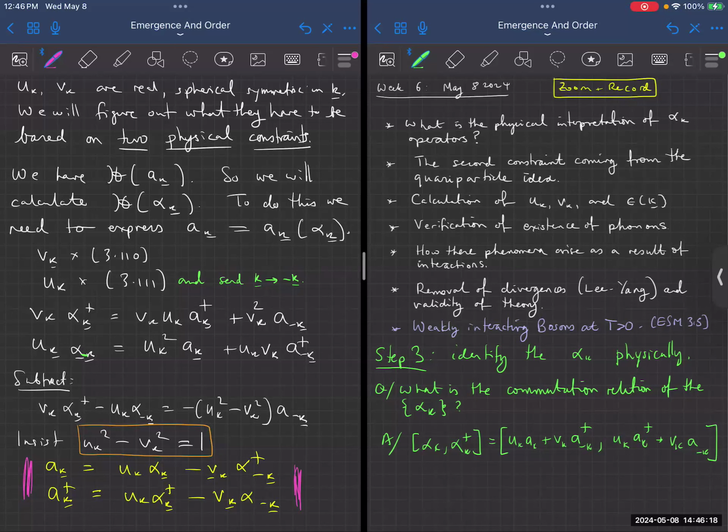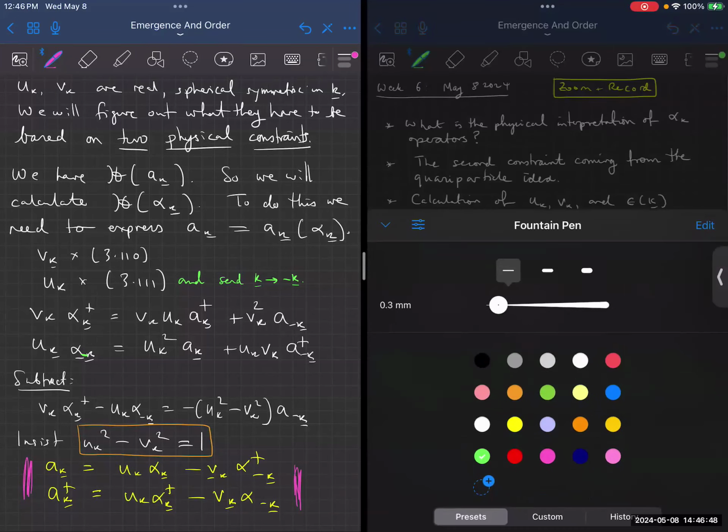And then we know how the a's commute. So this we can write as u_k squared times a_k a_k dagger minus v_k squared a_{-k} dagger a_{-k}. And those are the only terms that arise that are non-zero.